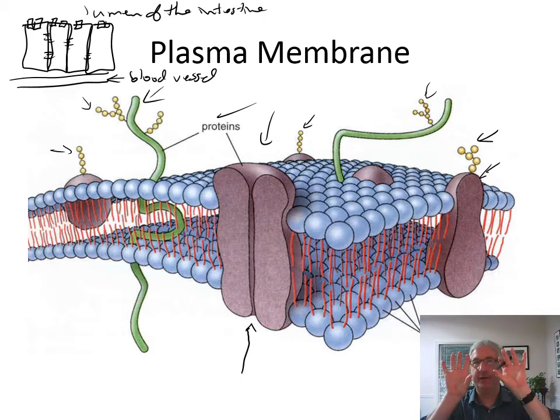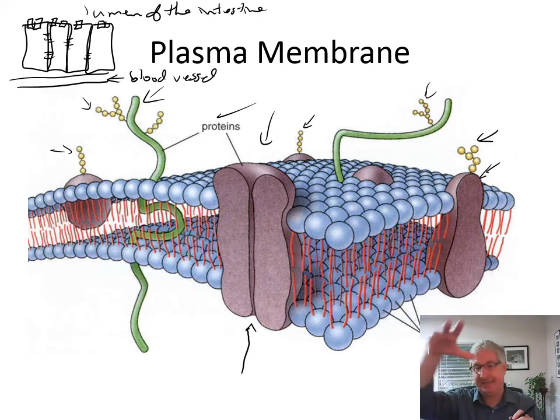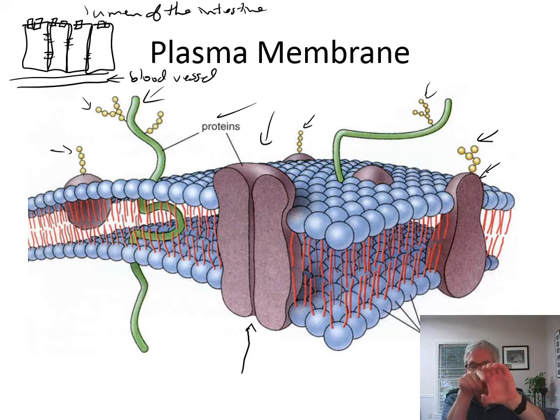And then I have proteins that are pointing towards the inside of the small intestine. This is a small intestine. I want proteins pointing in that are going to take food into the cell.